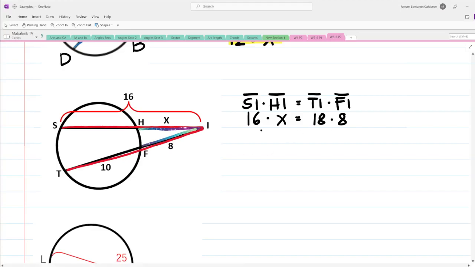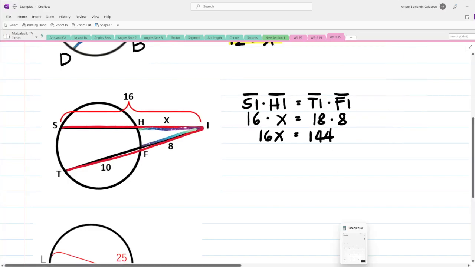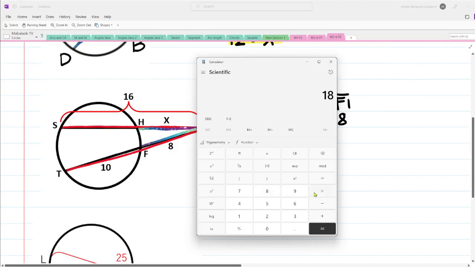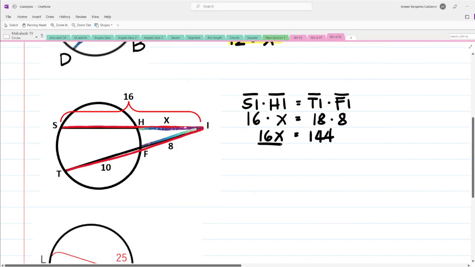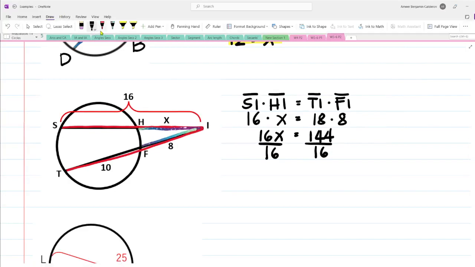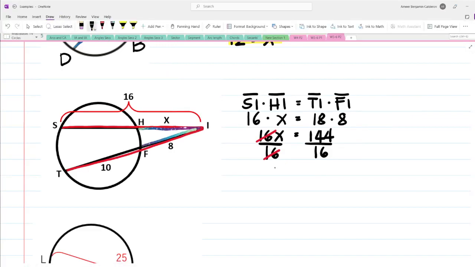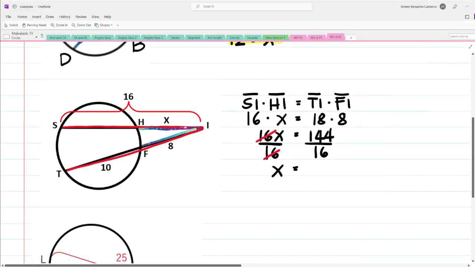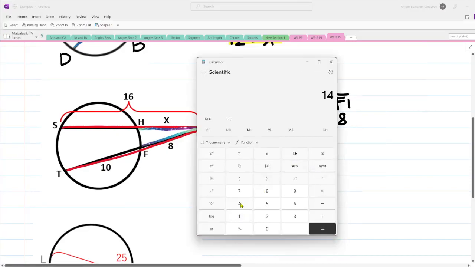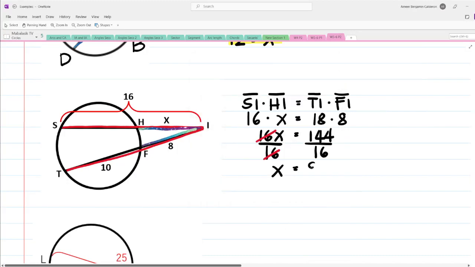We have 16x is equal to 18 times 8, I think is 144, but I'm not so sure, so let us use our calculator. 18 times 8, that's 144. Since we are solving for x, we divide both sides by 16. We can cancel 16 and we are left with x, which is 144 over 16. 144 divided by 16 is 9. So our final answer is 9.